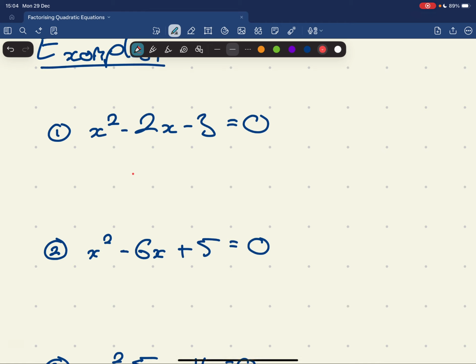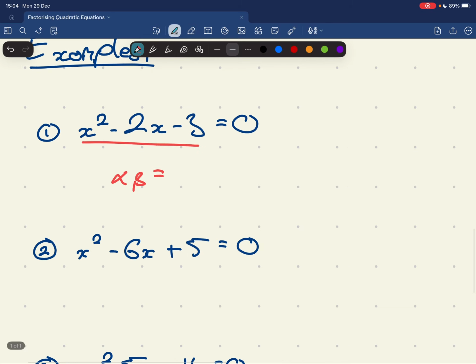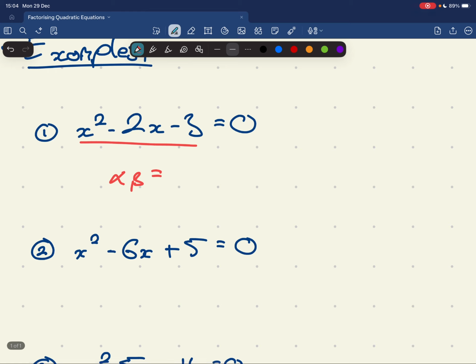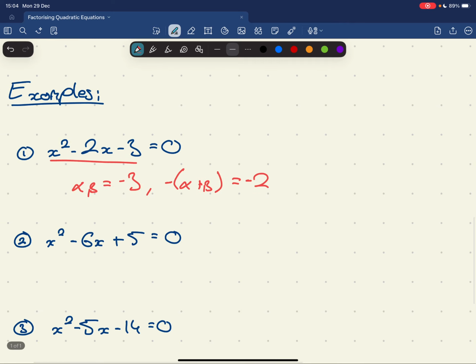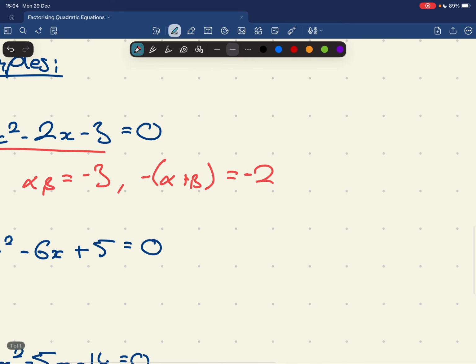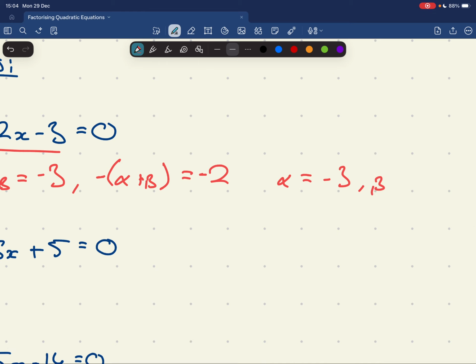In this case, we have this quadratic polynomial and it's equal to 0. So I want to factorize the thing on the left hand side. This is a quadratic equation. Alpha beta is equal to minus 3 and minus alpha plus beta is equal to minus 2, as we've seen above. So it's very simple to realize that alpha is equal to minus 3, beta is equal to 1.